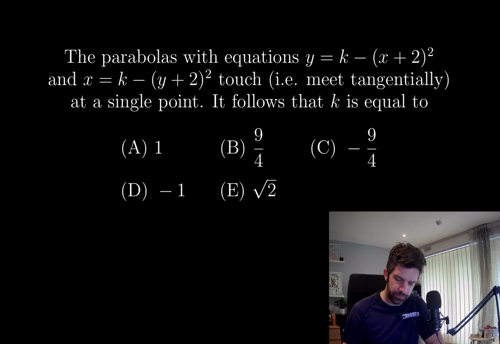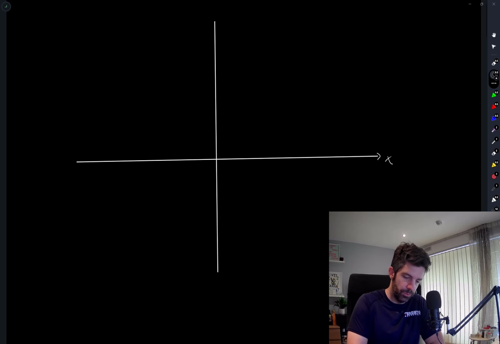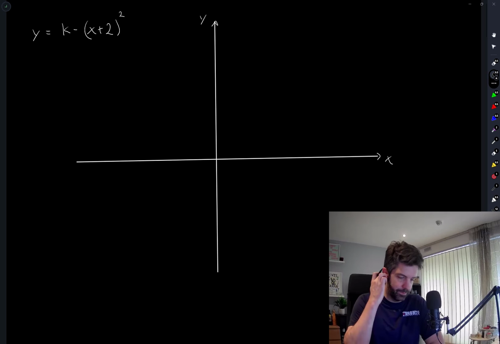Okay, so first let's try and understand a little bit about what's going on here. We'll start with the parabola y is equal to k minus (x plus 2) squared. So if we go to x equals negative 2, and then we go up to some value, we'll call this k.